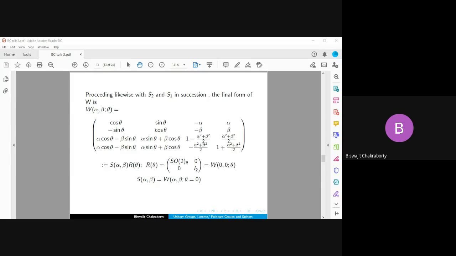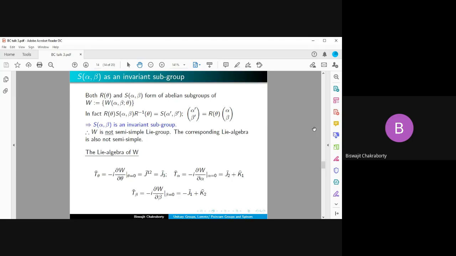Not only that, let me go to the next slide, please. Not only that, you can show that if you conjugate these things by a rotation matrix, S alpha beta conjugated by R theta, the way Professor Dasgupta was mentioning, you will end up with S of alpha prime beta prime, where alpha prime beta prime is a rotated alpha beta.